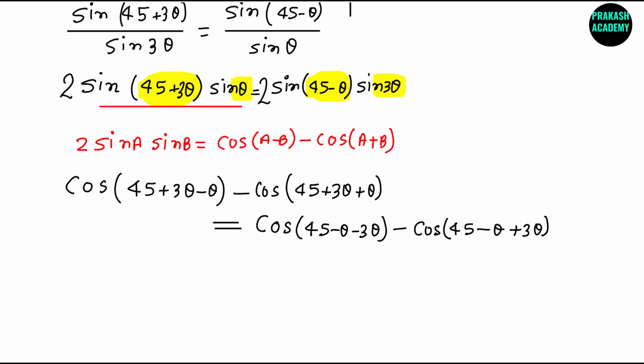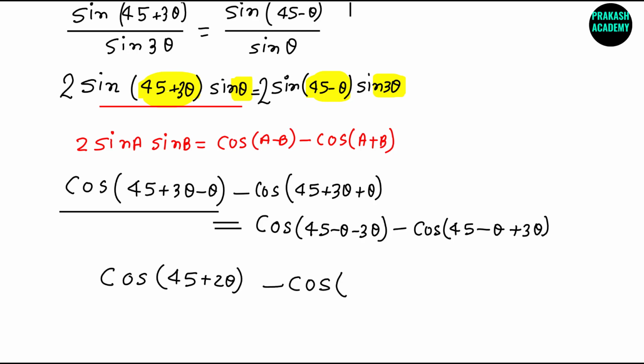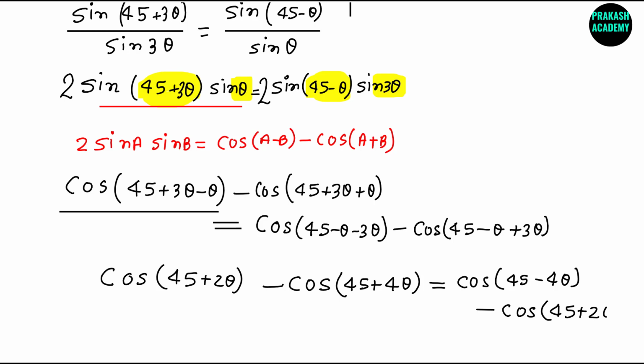So from here I can say this will be cos 45 plus 2 theta, and this is cos 45 plus 4 theta, and this is equal to cos 45 minus 4 theta and minus cos 45 plus 2 theta.